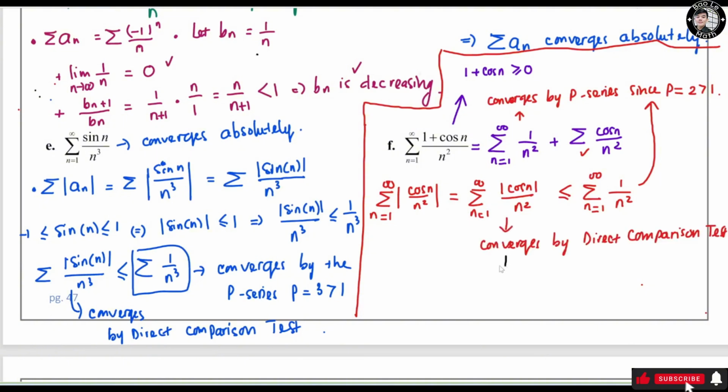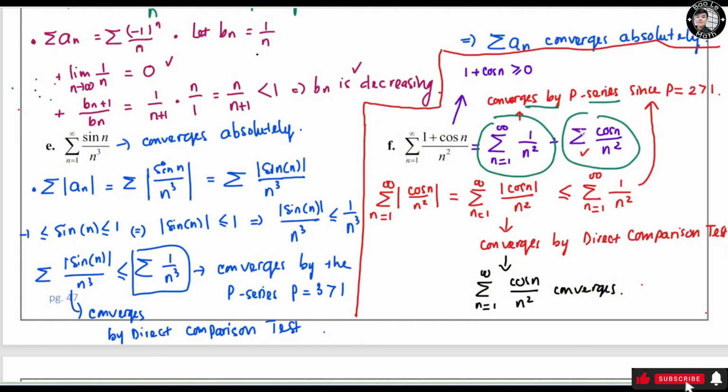Since this converges, then the series from n equals 1 to infinity of cosine n over n squared converges, right? Now this converges and this also converges. Then the original one right here must converge, right?